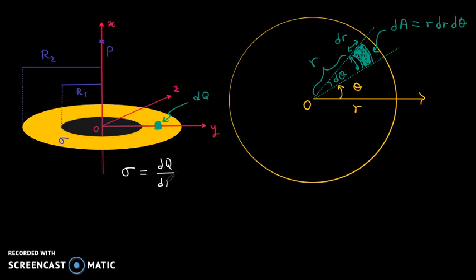Let's substitute what we just found for dA in terms of the polar coordinates and rearrange the equation to isolate dq. So we get dq equals sigma times r dr d theta.